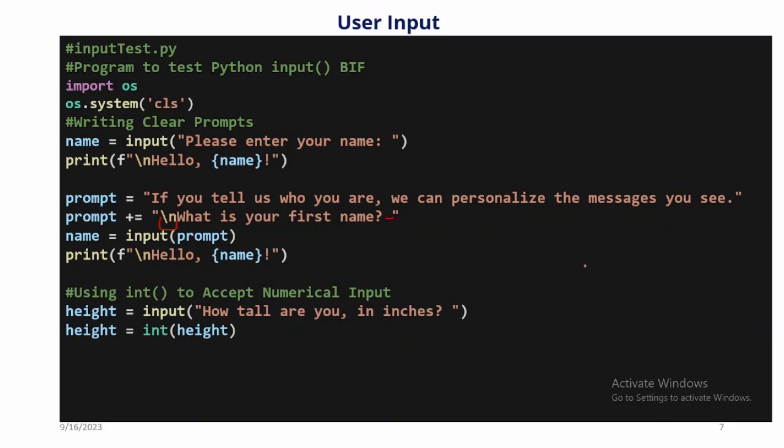Convert to integer. Like you have seen here, you can actually use the same variable that you used to enter the input to do the conversion. So height is here, and the same height is here. It does the conversion for you.